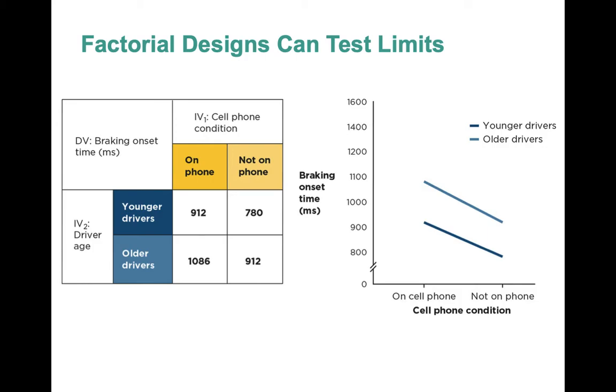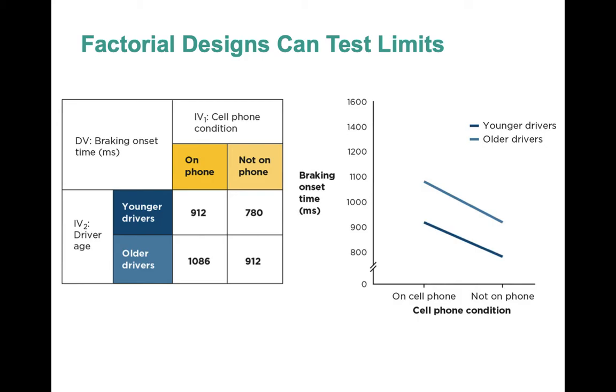All right, so why do researchers use factorial designs? Several reasons. One is to test limits. The idea is that with a factorial design you can test whether an independent variable affects different kinds of people in the same way or differently. The cell phone study is a good example.